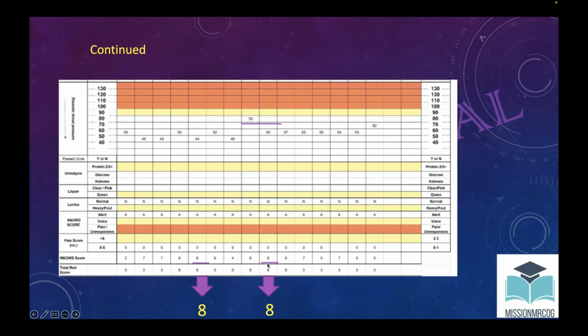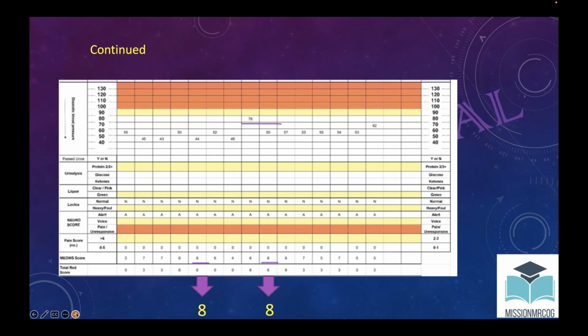That means if the score is 8, according to the MEOWS escalation plan, the patient will be escalated. Score 8 to 14 was priority 2. So now the patient comes in priority 2. The patient will need to be seen by an expert, and the plan has to be changed accordingly. So this way you will get MEOWS in the exam.